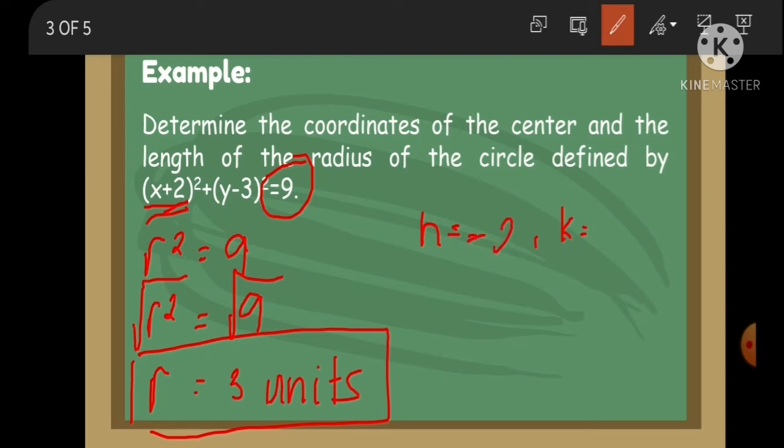So, h is negative 2. Now, for k, since we have y minus 3, 3 here is negative. So, our k is positive 3. So, that means the coordinates of the center is at (-2, 3).